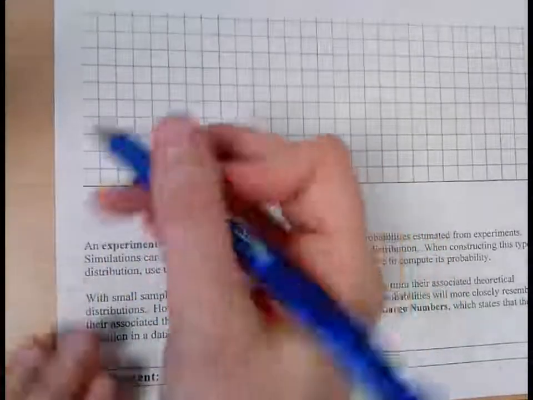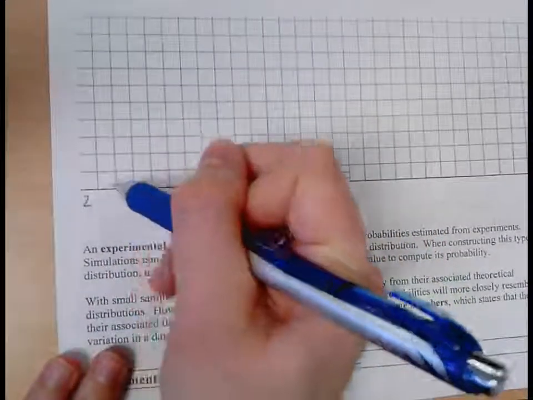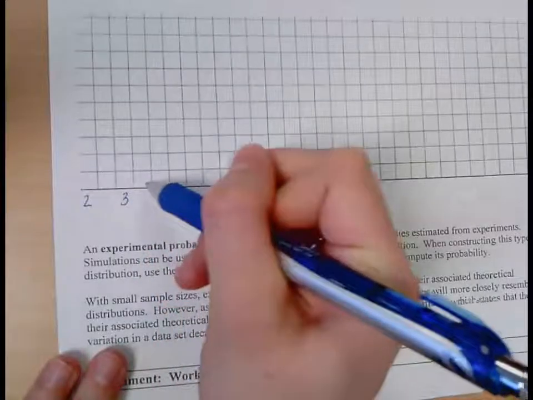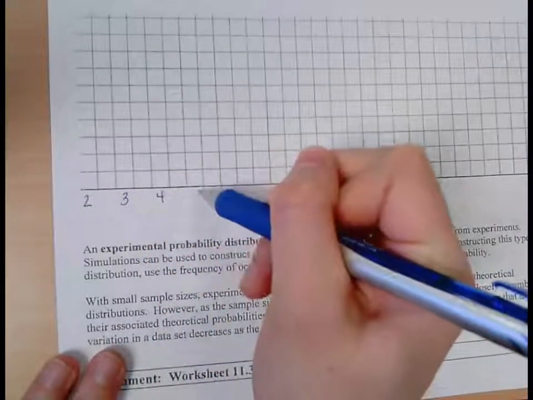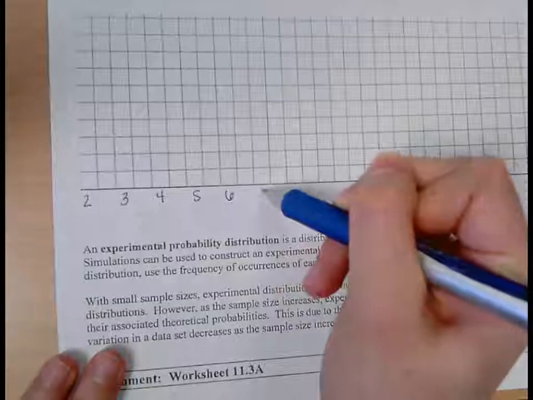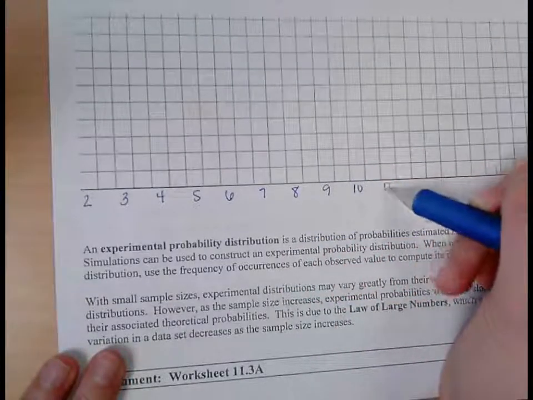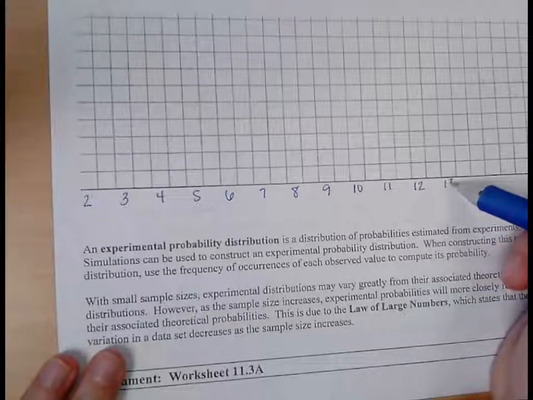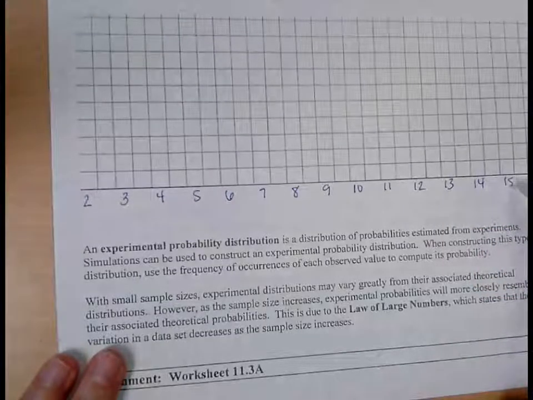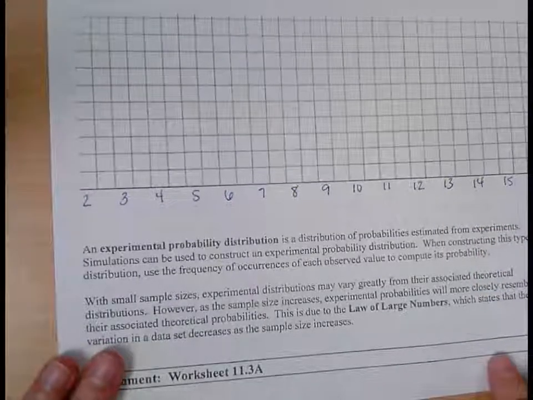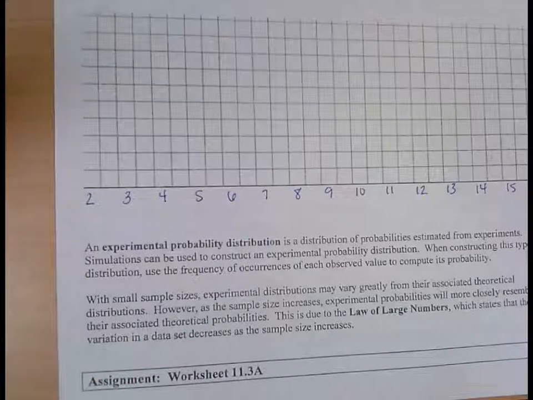So if here we start with a sum of 2 and then we skip 1, sum of 3, and so on. So make sure there is a space in between each of your bars.